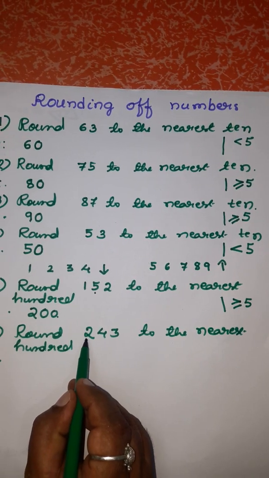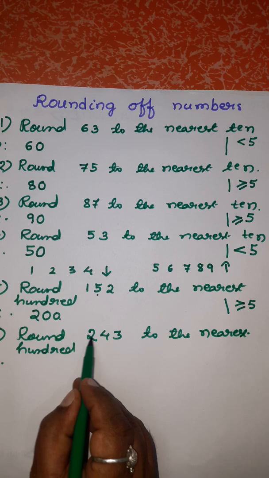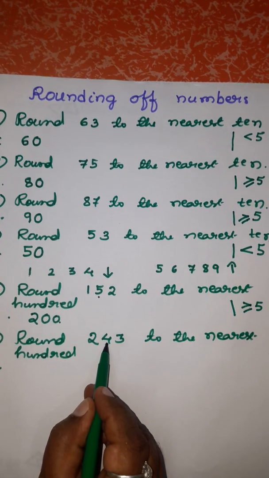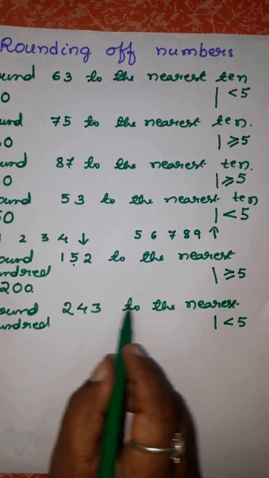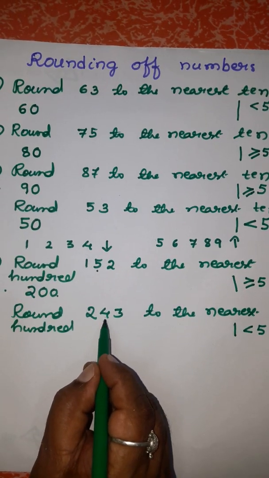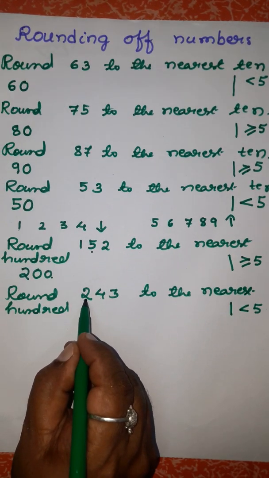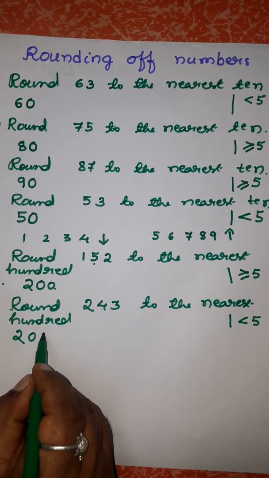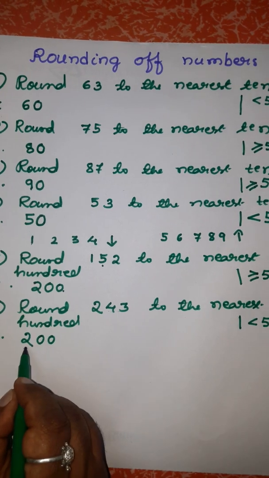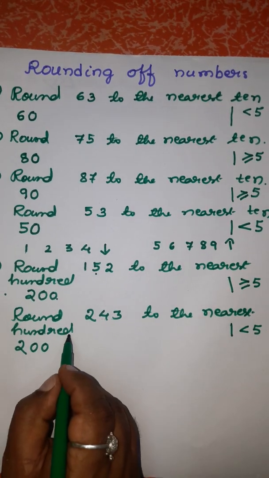In hundreds place we have 2 and the place previous to hundreds place is tens place, where we have 4, and this is less than 5. Because this is less than 5, don't add anything to the hundreds place. Write as it is 2 and make the remaining places 0, 0. This is the answer. We have rounded this number to the nearest 100.